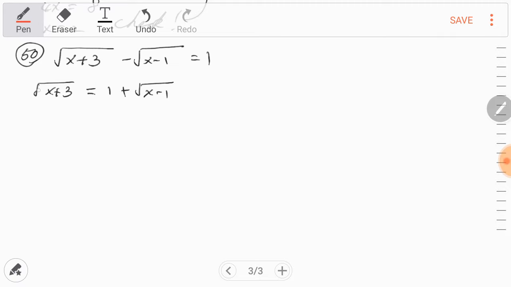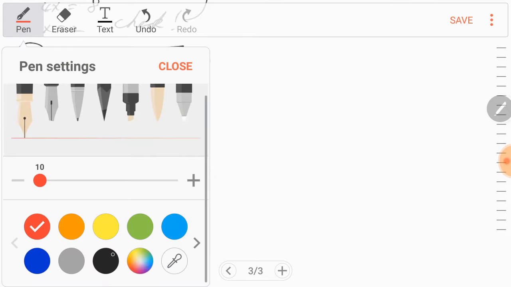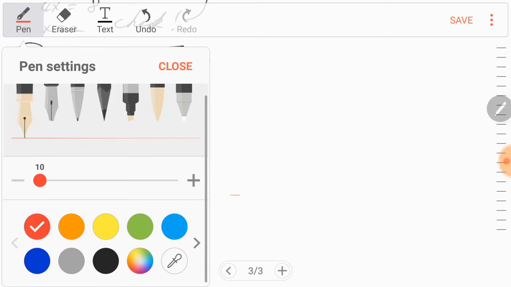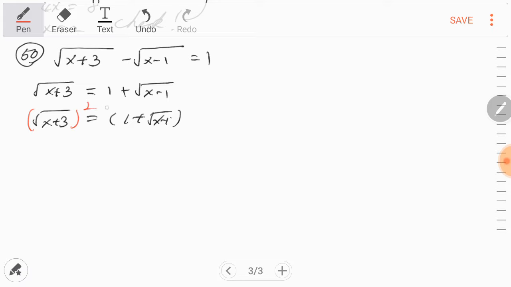Let me write the equation first so that I can raise each side of the equation to the second power.